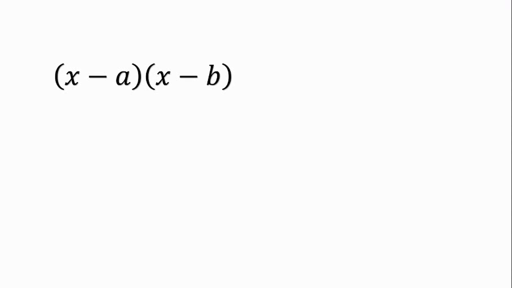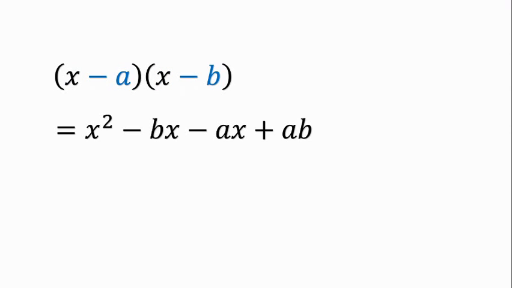So let's distribute. X times x is x squared, x times negative b is negative bx, negative a times x is negative ax, negative a times negative b is positive ab. Notice that in multiplying those two factors, this resulted to 4 terms in the product.